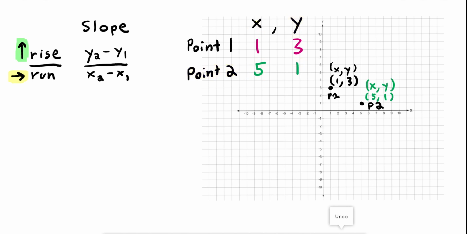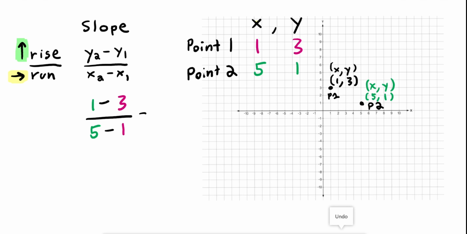Now, all you have to do is take that and plug it into the formula. So your formula is y2 minus y1 over x2 minus x1, okay? So my y2 is 1, let me plug that in, minus y1, which is 3, over x2, which is 5, minus x1, which is 1.